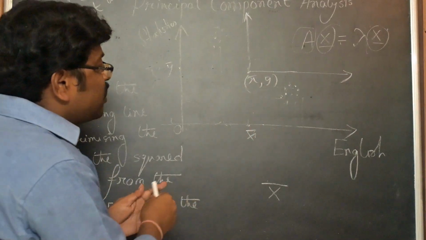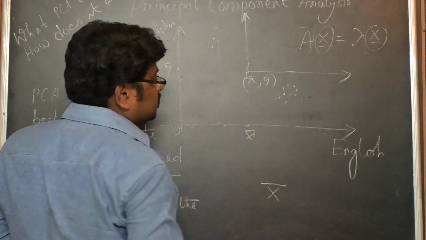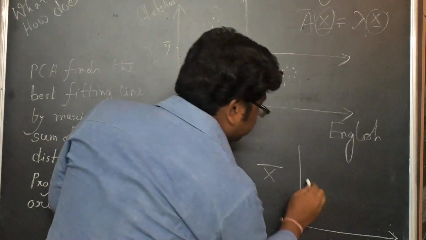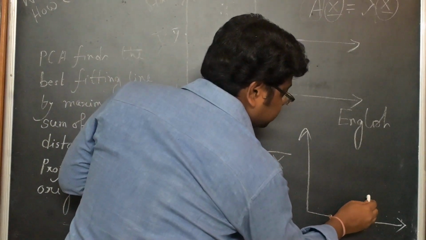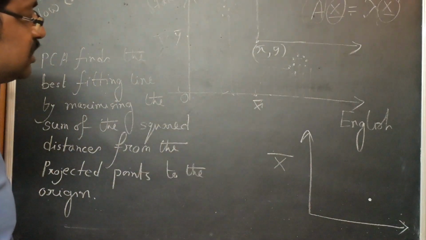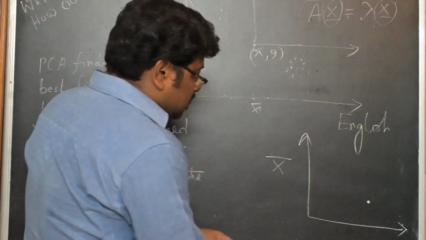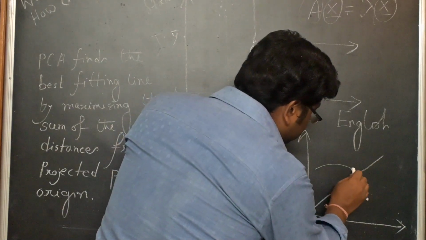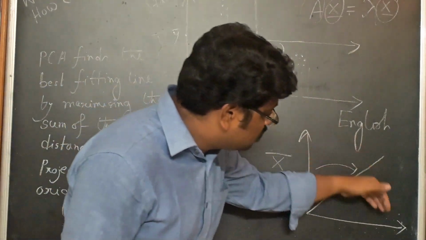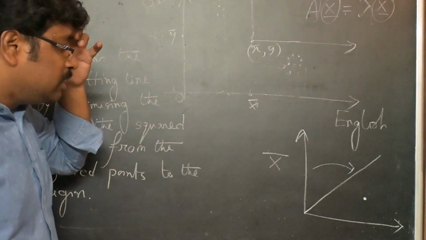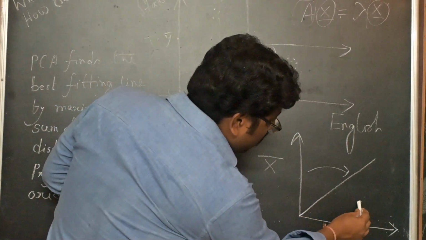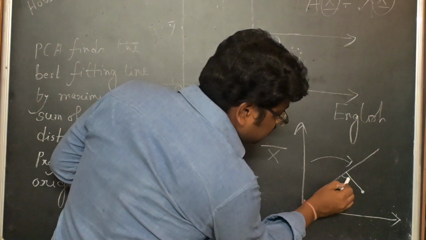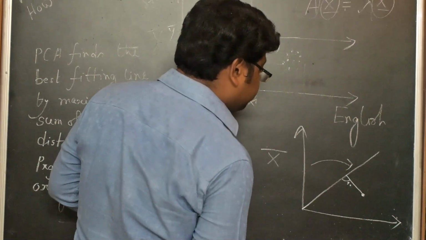Now we consider only one point, and we draw the same dimension here. Here is the point, and here is a line from the origin towards the horizontal axis. Then we draw a line perpendicular on it. This is 90 degrees.